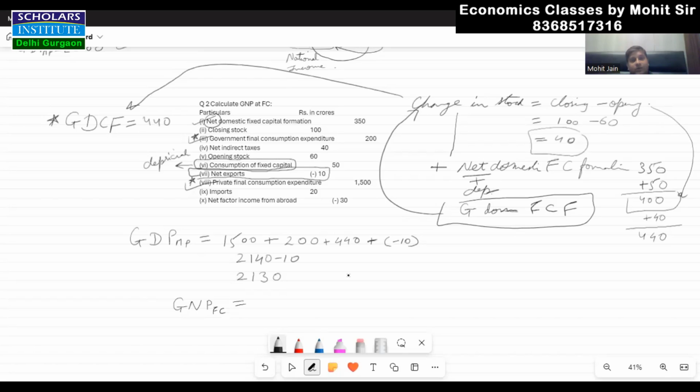What we have already calculated is GDP-MP.